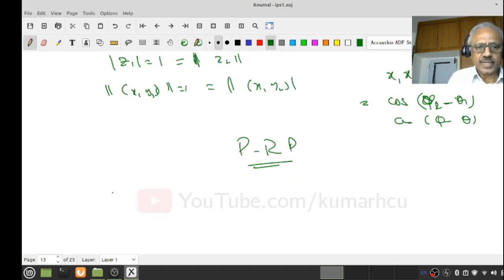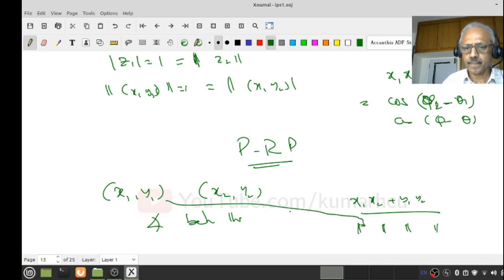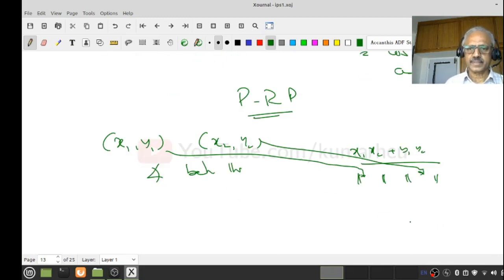So what I have found is, if you are given two vectors x1, y1 and x2, y2, the angle between them is given by x1, x2 plus y1, y2 by the lengths of these vectors. Is that clear? And if they are of unit length, then it is only x1, x2 plus y1, y2.